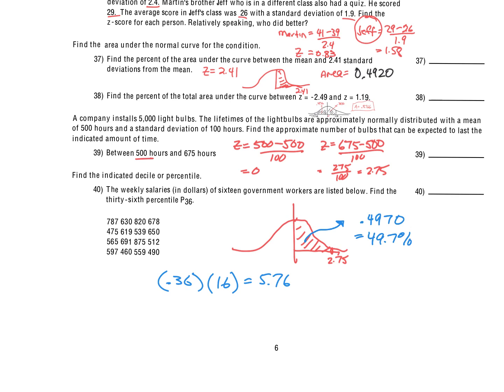Then taking that to the next whole number, that'll be the 6th number in the list. And the 6th number in the list is 619. So $619 for the weekly salary would be the 36th percentile.